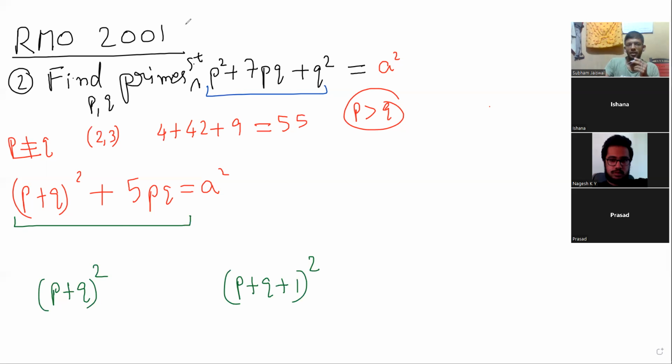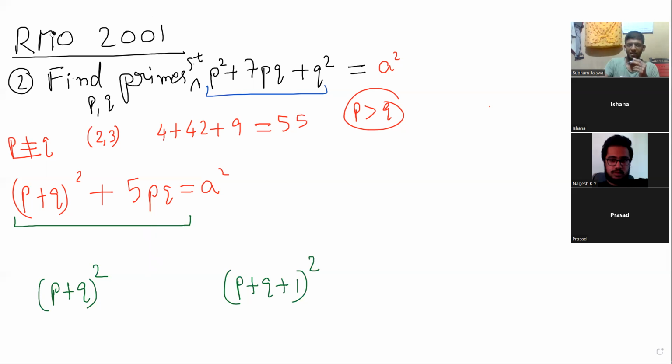If you can show that this left hand side is somewhere in between these two, then it cannot be a square. Okay. All right. So maybe we can try that.